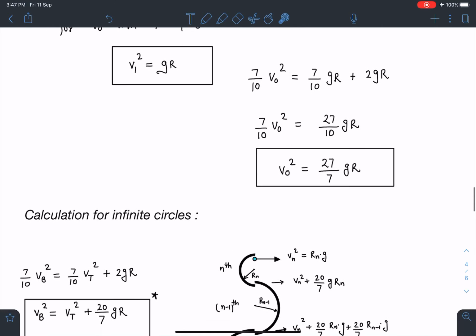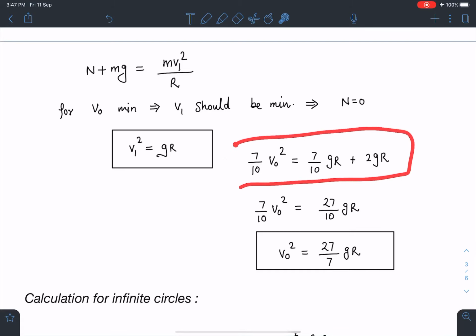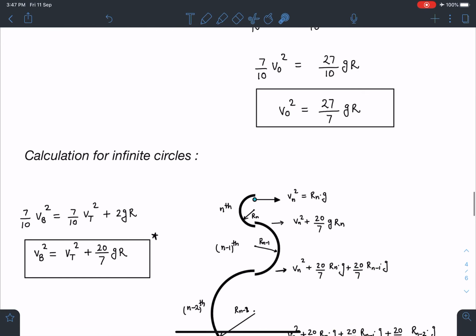You can check from this equation: if the velocity at the topmost point is root gr, how much kinetic energy or velocity it must carry at the lowermost point. I think I have just discussed that proof. So you can see from here it is going to be Vn square plus 20 by 7 g rn. All right, this is the calculation for it.